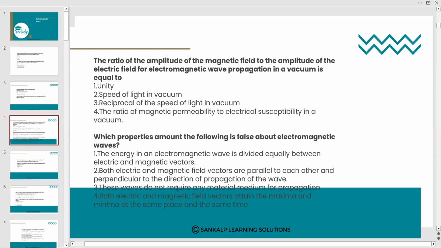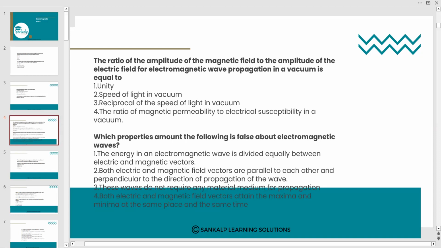Option C, these waves do not require any material medium for propagation. Option D, both electric and magnetic field vectors attain the maxima and minima at the same place and at the same time.